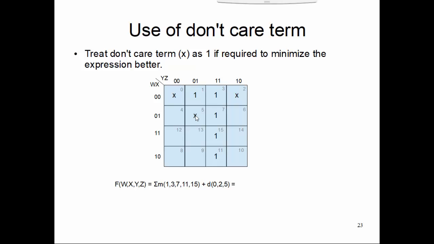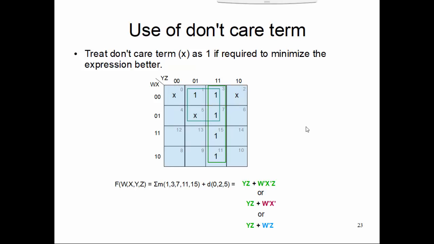Let's see. Originally, without don't care consideration, we'll have this group, right? Whose function is yz or w bar x bar z. Now, with this don't care consideration, it seems like I can make a bigger group like this, which includes two don't care terms, which makes yz or w bar x bar, or we can make this group 1, 3, 5, 7 as a bigger group, which will give me yz or w bar z.